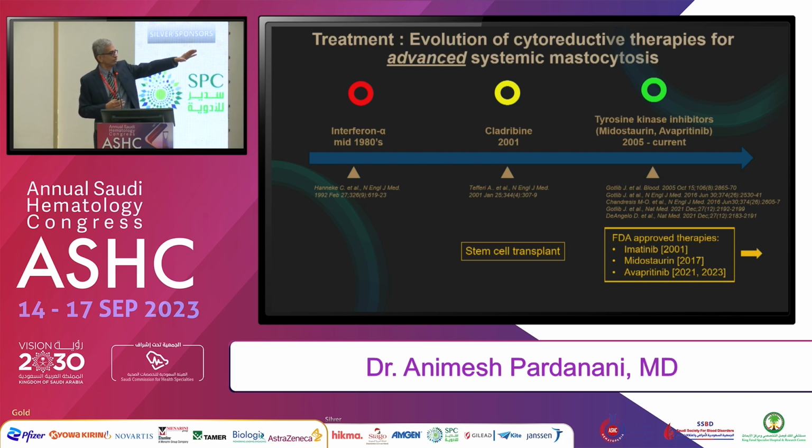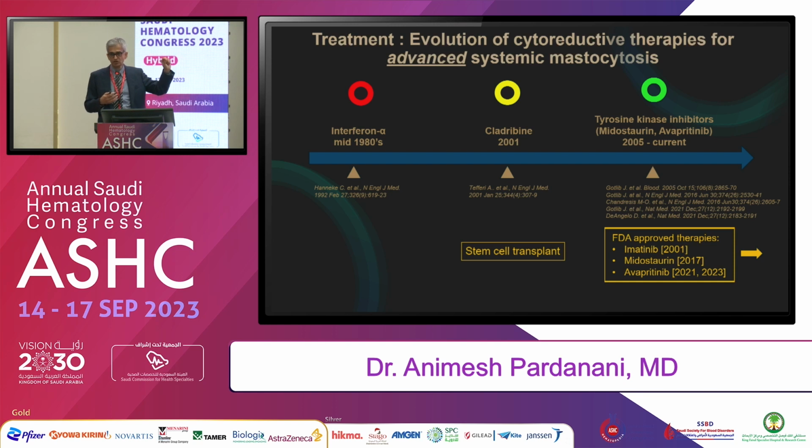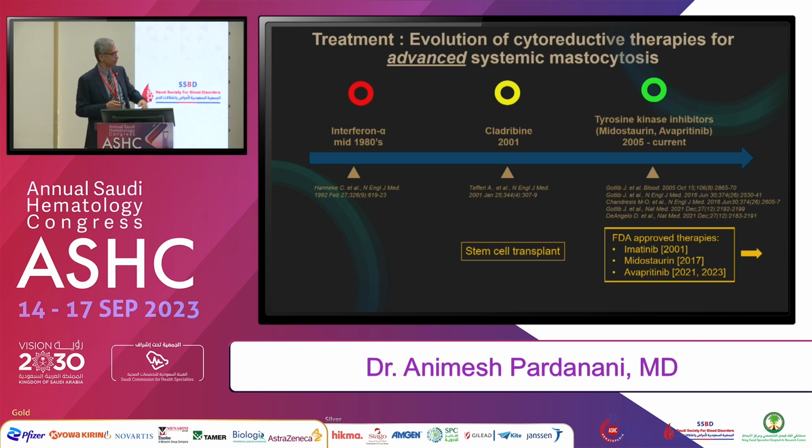And then on the right side of the screen, I show you the modern era, which is the last 10 to 15 years, with the development of very potent oral tyrosine kinase inhibitors that target that mutant c-KIT protein. There's also a role for stem cell transplant, and I'll discuss that briefly in one of the subsequent slides.